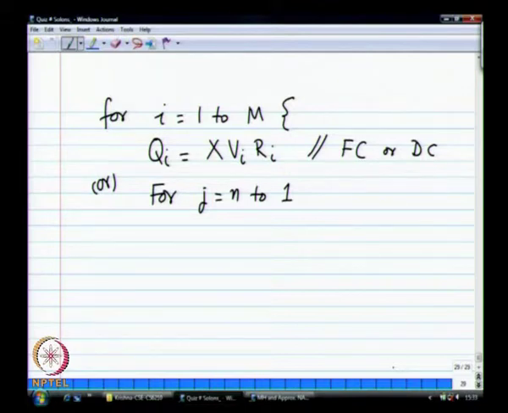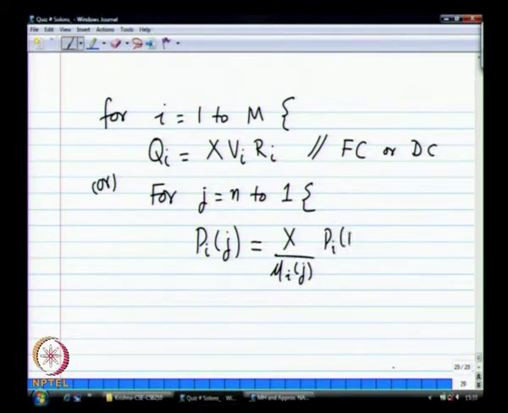So this is for a given value of n. For this we will again use the expression that we saw. This is the definition of Pi of j, which is x of n, that we just computed, divided by mu i of j into Pi of j minus 1.